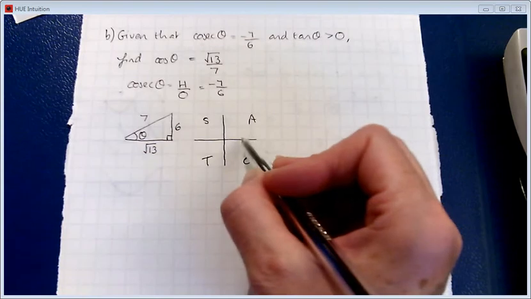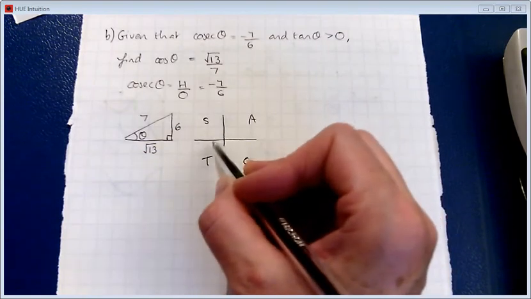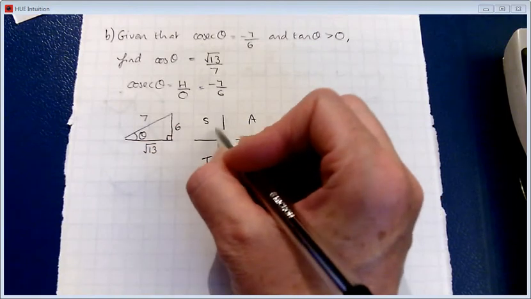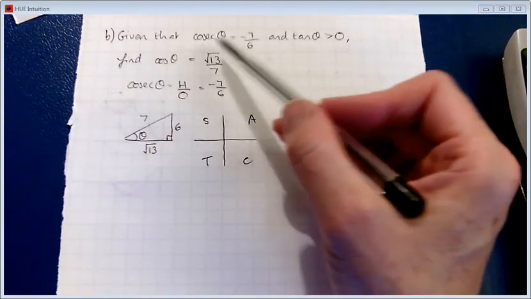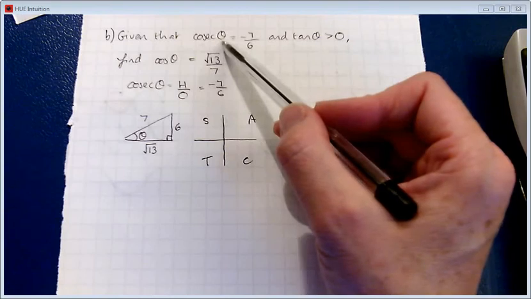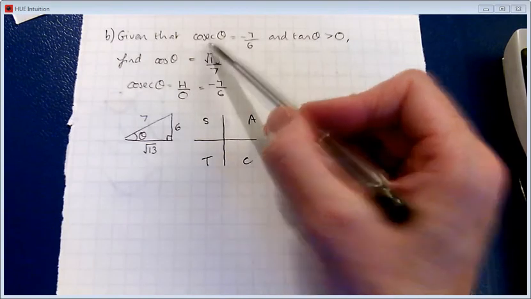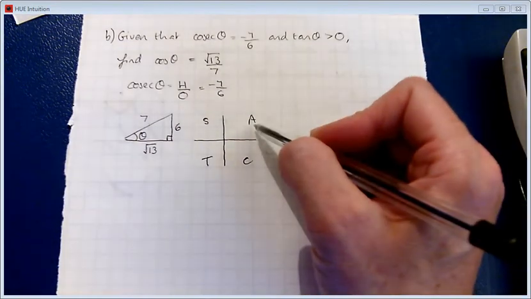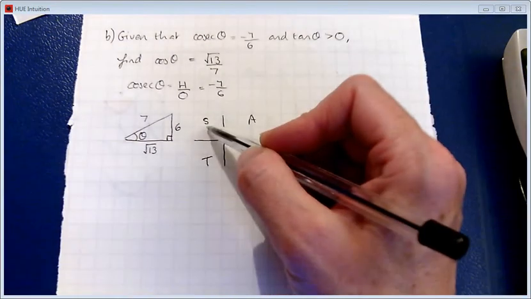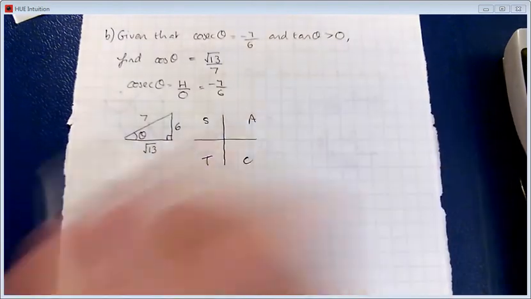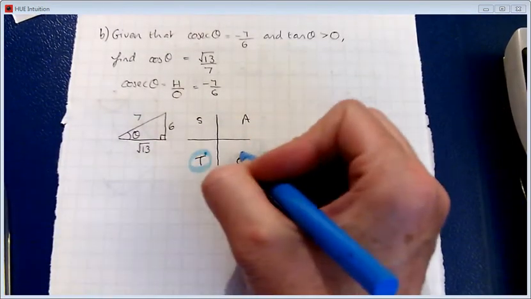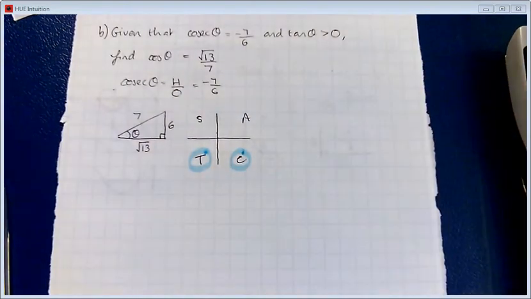Measuring from the positive x-axis, going in the positive direction, I know that cosec is negative, and I also know that cosec is 1/sine, so that tells me sine is negative. Now the A means all of them are positive here, sine is positive there, so it must be one of these two areas that we want. So sine is negative in those two quadrants.